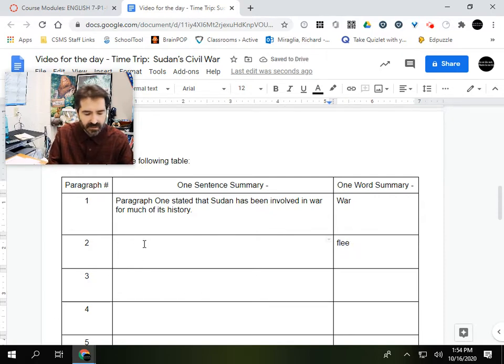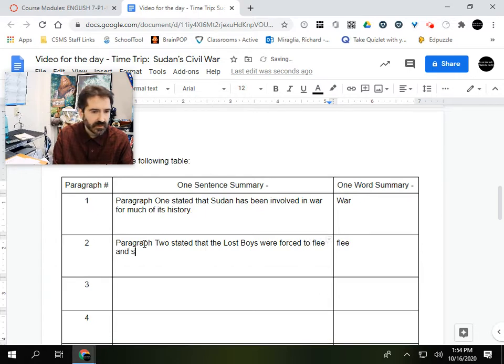I would write for my sentence possibly, and you notice I'm restating every single time: Paragraph 2 stated that the Lost Boys were forced to flee their homes, and they faced horrible conditions.